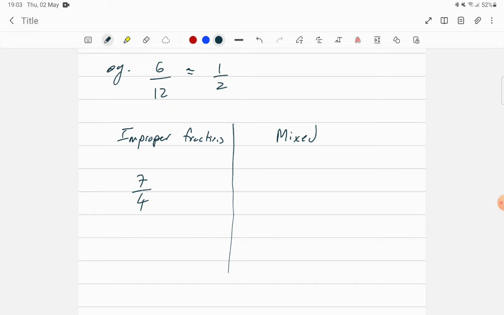A mixed number, on the other hand, if you need to convert this into a mixed number, would be 1 and 3/4. This is made up of a whole number.